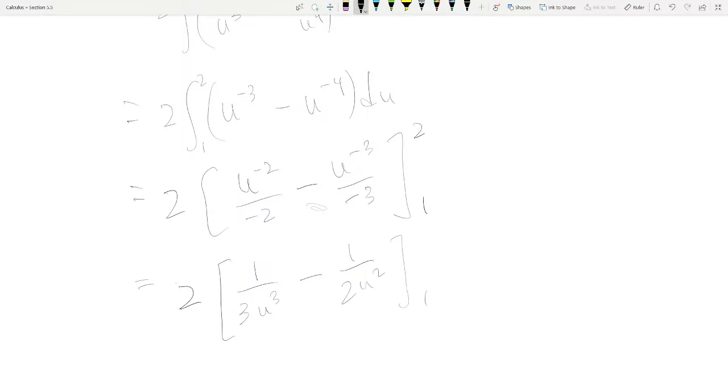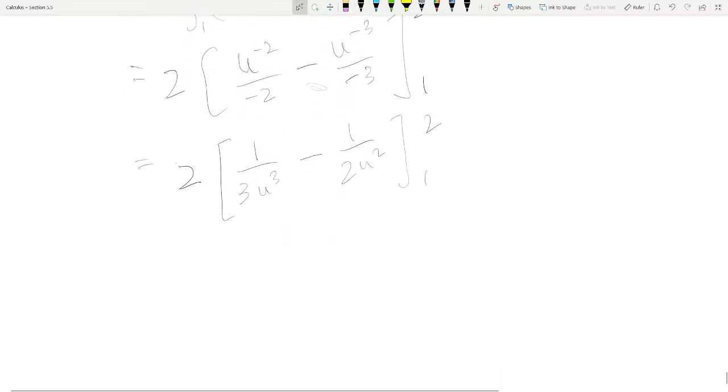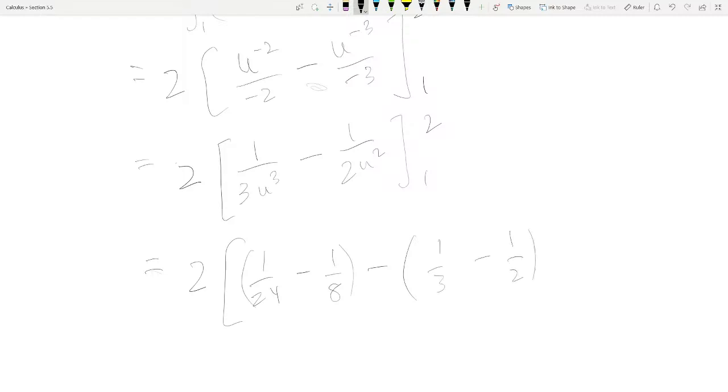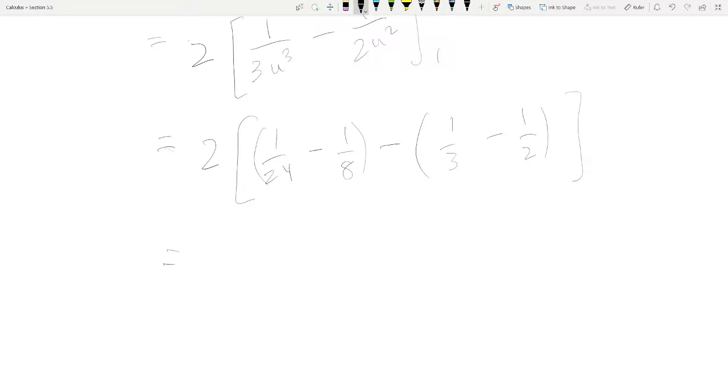See if you believe that. Okay, now we're going to plug them in. So when I plug in the 2, I get 1 over 3 times 8, which is 24, minus 1 over 8. Then I plug in the 1. I have 1/3 minus 1/2. Okay, we get to do some fractions here.